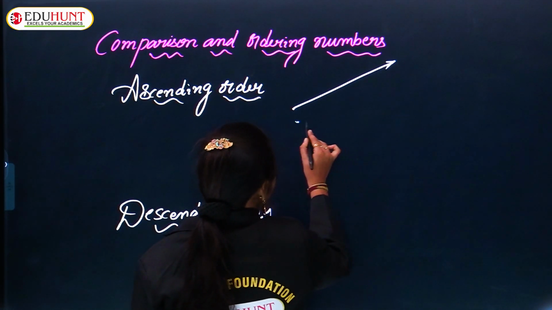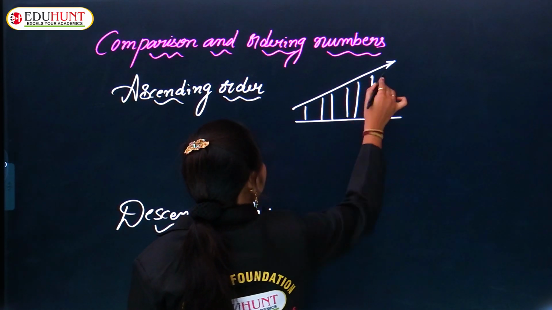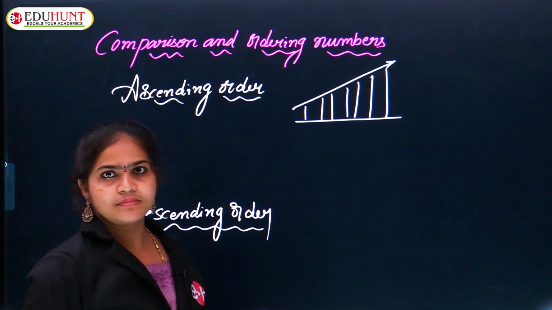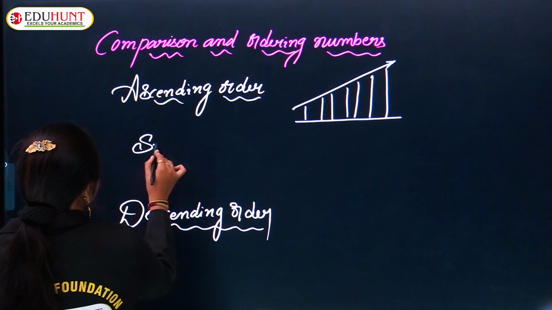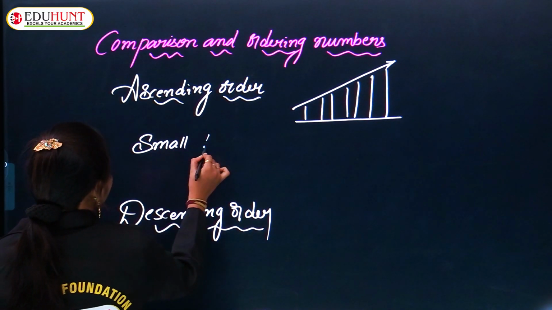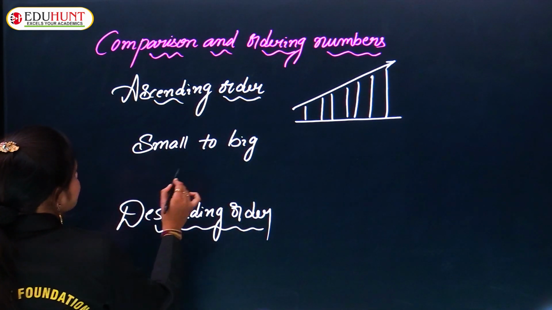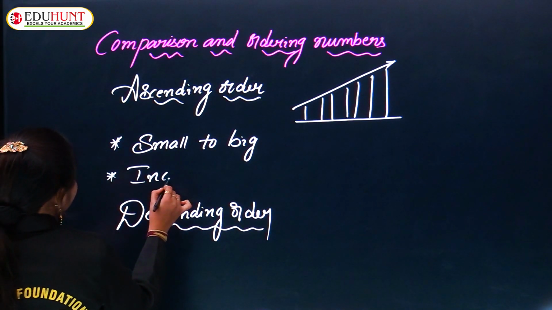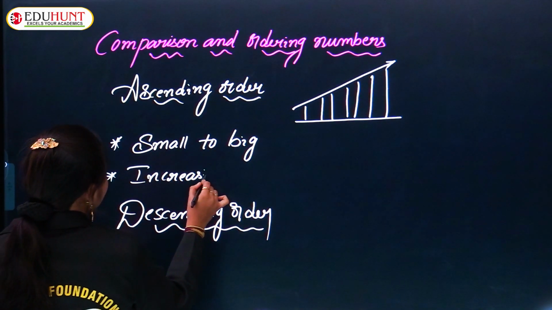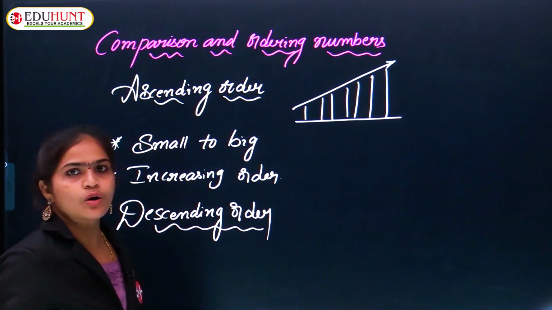Ascending order means increasing order, small to big. In the same way we can say another point: increasing order, that is called ascending order.